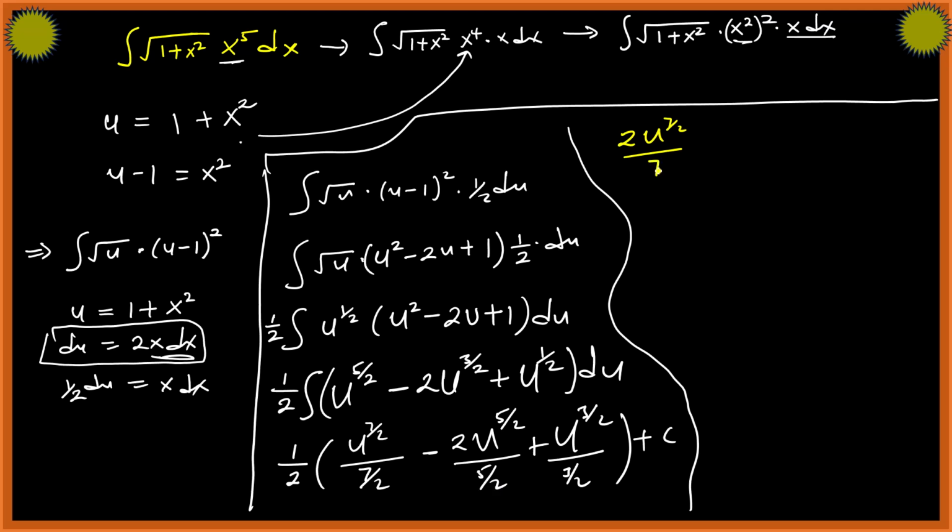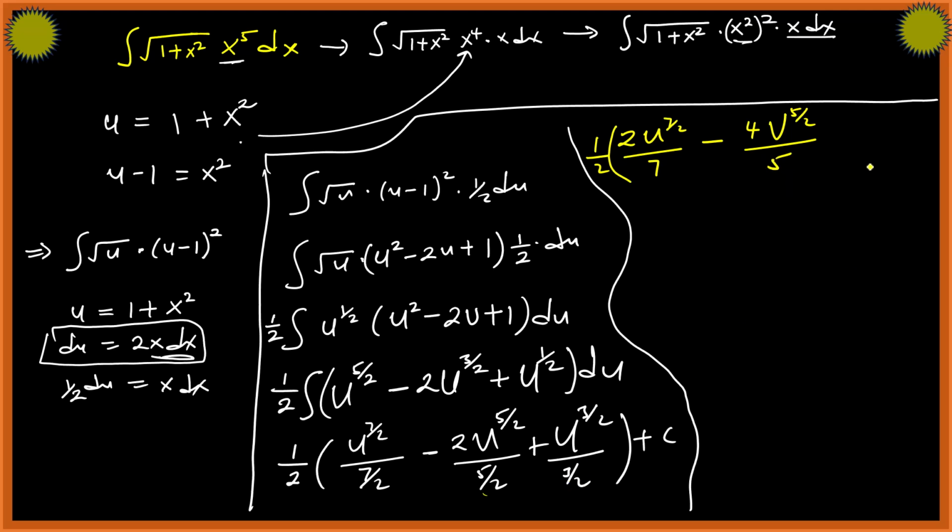So remember, everything is multiplied by half. We are multiplying everything by half. So this 2 will multiply this, so we have 4u raised to 5 on 2 over 5.